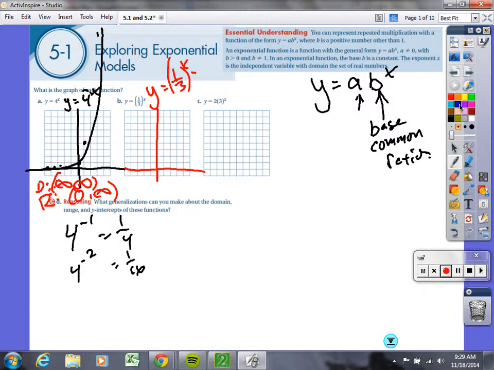Okay. What about 2? 1/3 squared is 1/9. Think about it. It's 1/3 times 1/3, straight across, right? 1/9. Because you multiply with the x.